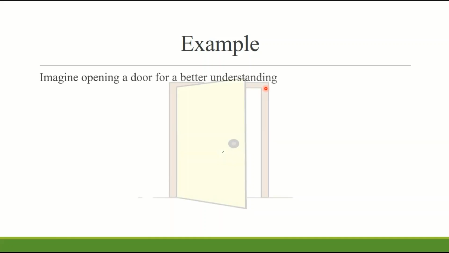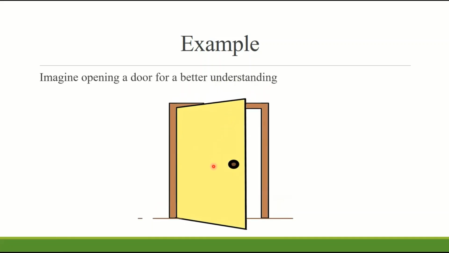Imagine opening a door. When you want to open a heavy door, if you push or pull on the handle, you apply force to it. On the other hand, we learned that torque is what makes the doorknob turn. We have two things here: how much force you apply and how far away the force is from the rotation axis.